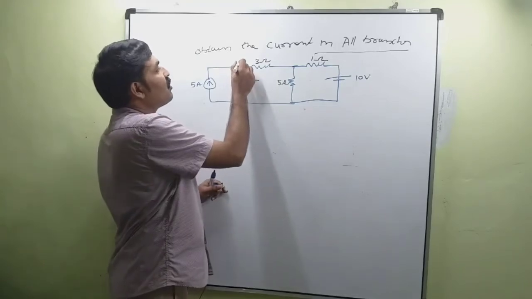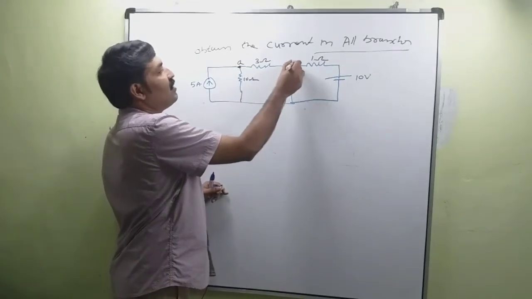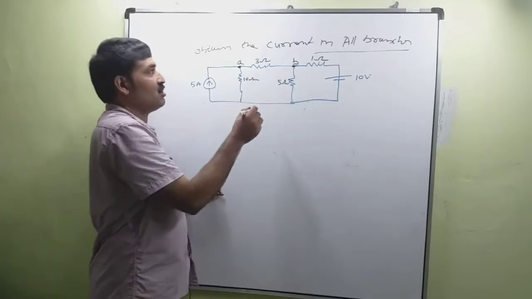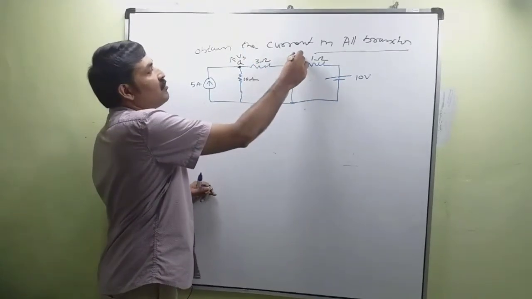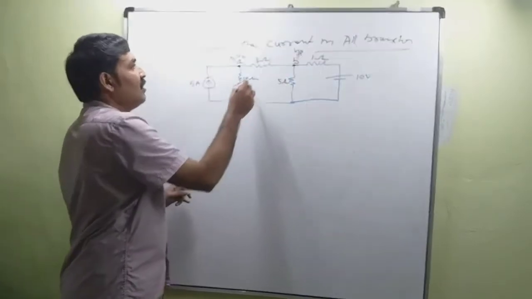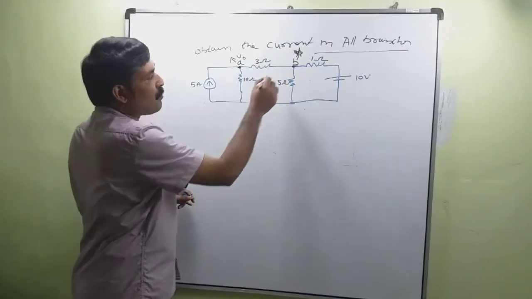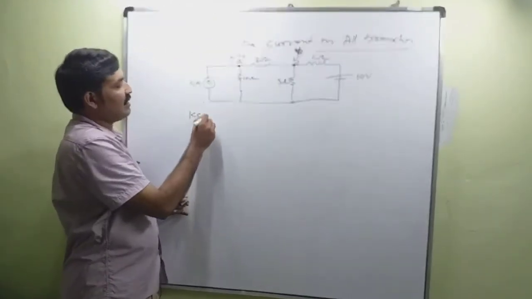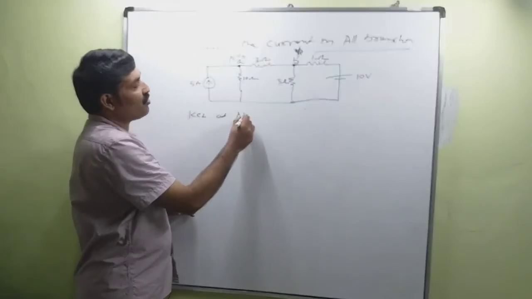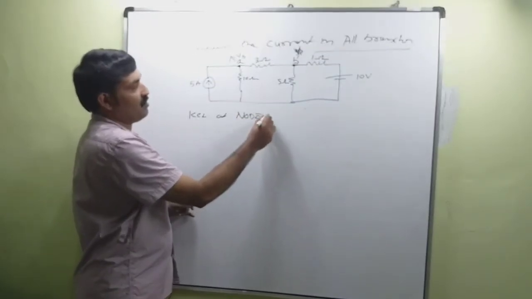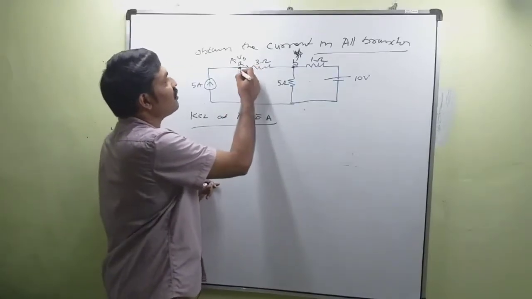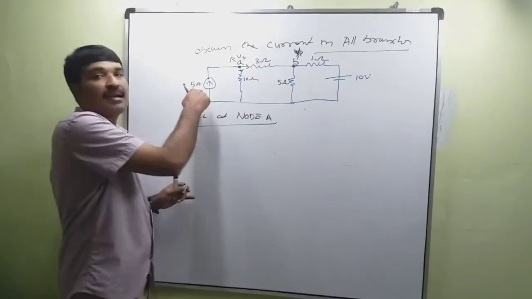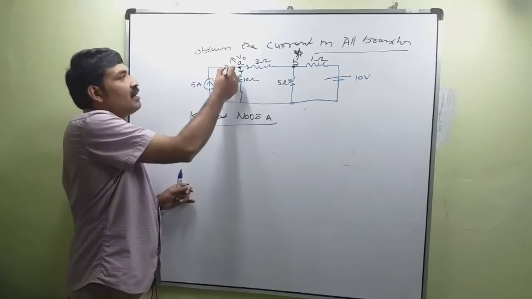Let the nodes be A and B. Let the voltage at this node be VA and at this node be VB. Okay. Now apply KCL at node A. Here we are assuming this current is outgoing, this current is outgoing, but this current 5 A is incoming current.